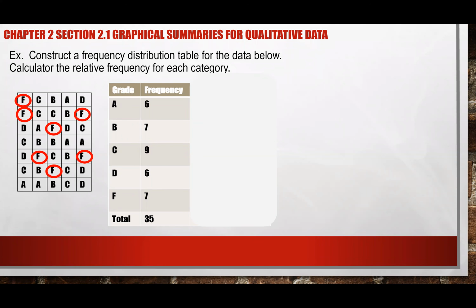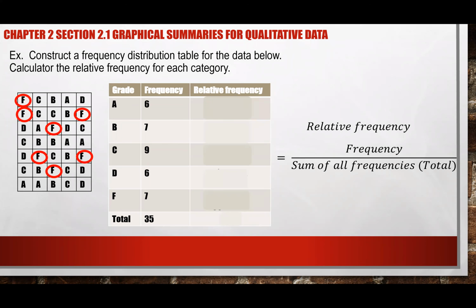Basically, you just tally up your data. That's all you're doing. Now, how do we construct a relative frequency? Reminder: relative frequency is taking the frequency, which for A is 6, divided by the total frequency, which is 35.